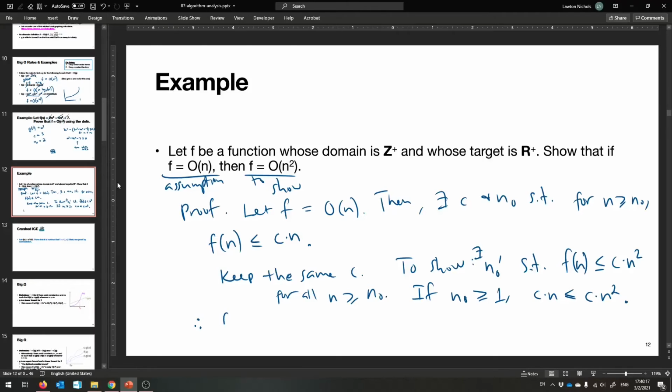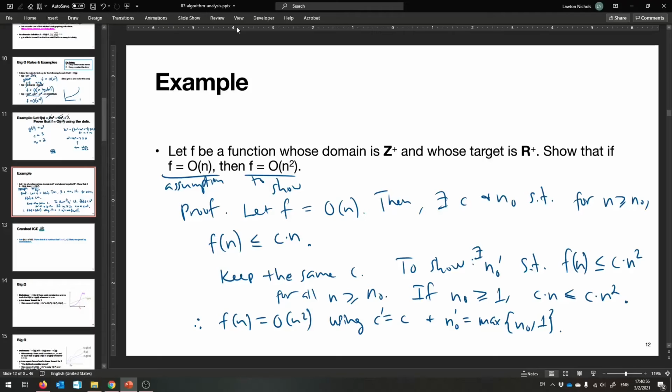So therefore, f of n equals O of n squared, using the original c, so c prime equals c, and the new n naught equals the old n naught. Or how about the maximum between the old n naught and 1?